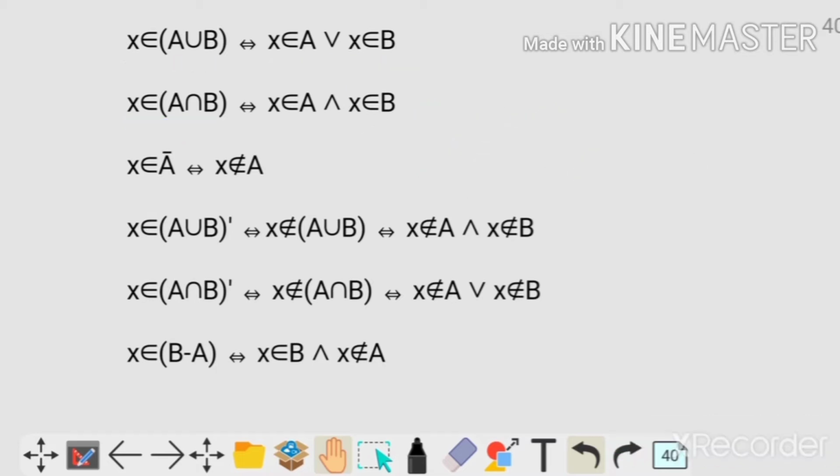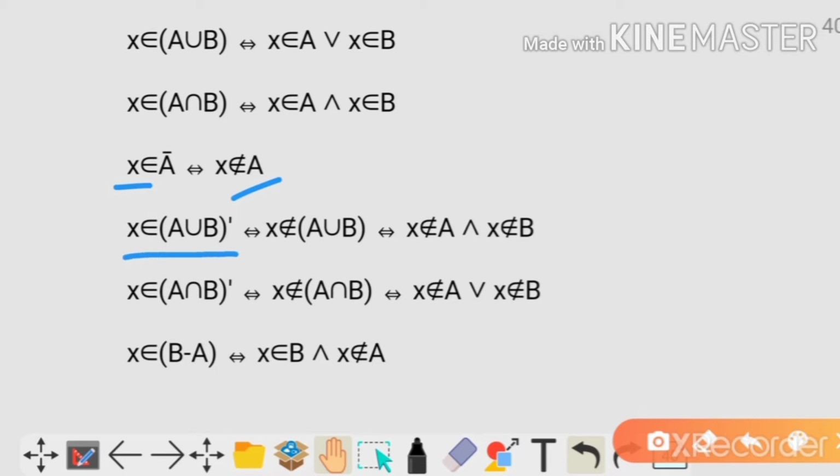Okay. Now the third statement is X belongs to A complement, but X does not belong. That means X does not belong to A. Okay. Now X belongs to A union B, its complement.